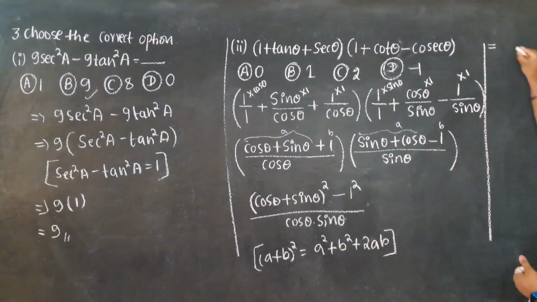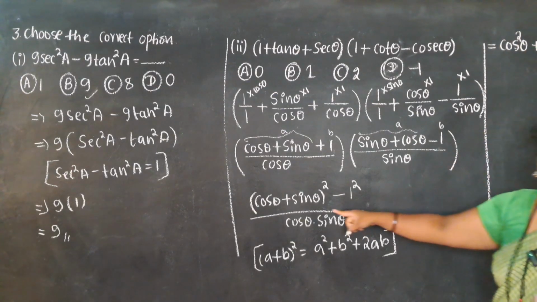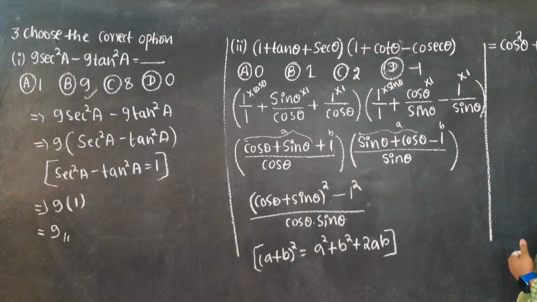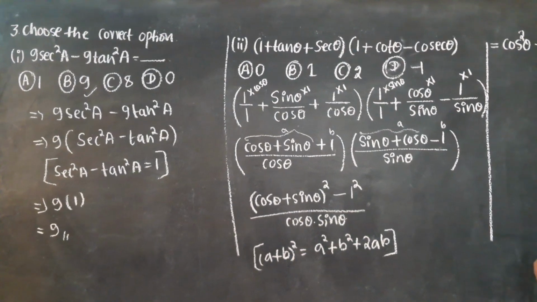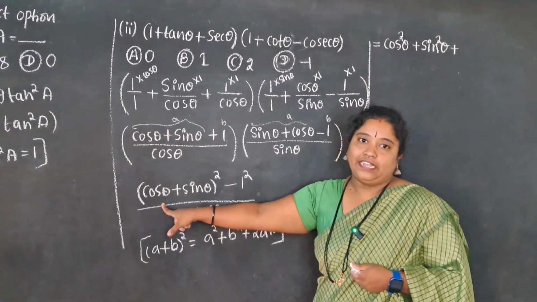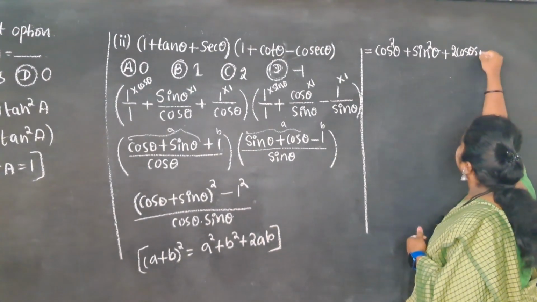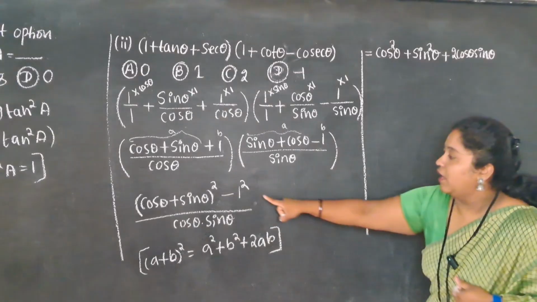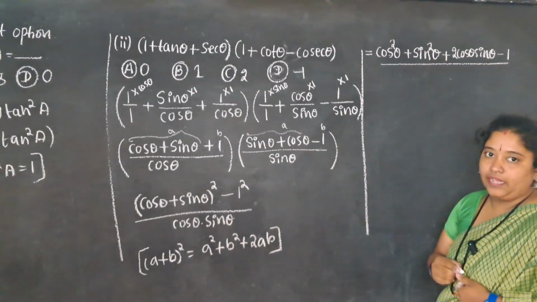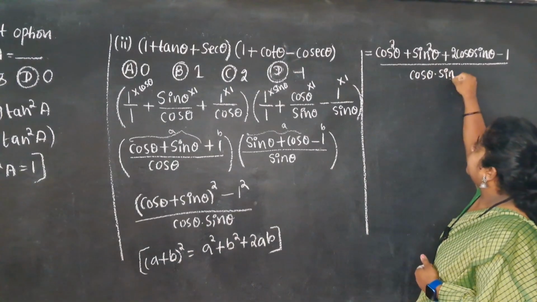So A square is nothing but, dear, cos square theta, and B square is nothing but sin square theta. Cos square theta plus sin square theta plus 2 into A into B, that is 2 into cos theta into sin theta, and we have minus 1 square, that would be 1, whole divided by cos theta into sin theta.